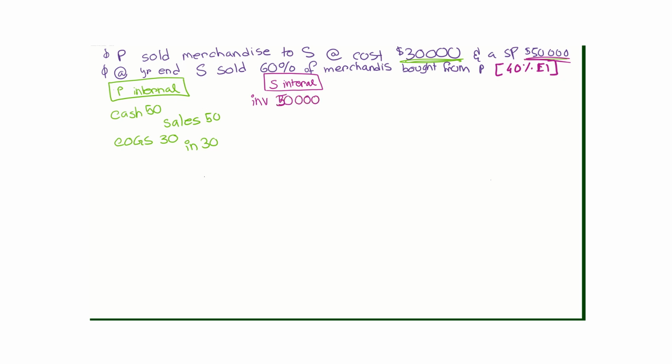We're obviously not going to price the inventory at what P valued the inventory at. We're going to use the fair value, which is $50,000, because that is what we're buying the inventory for, and so that is what is going to come into our books. So inventory of $50,000, and we're going to credit cash of $50,000.